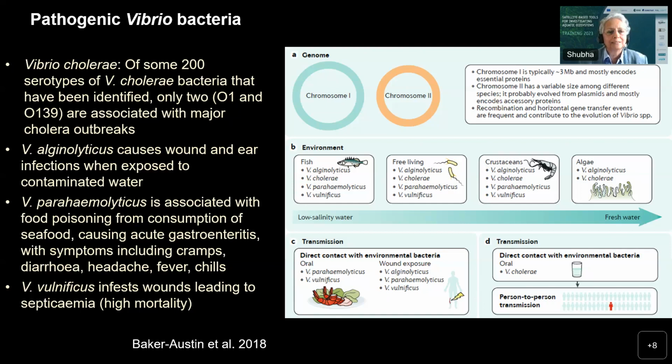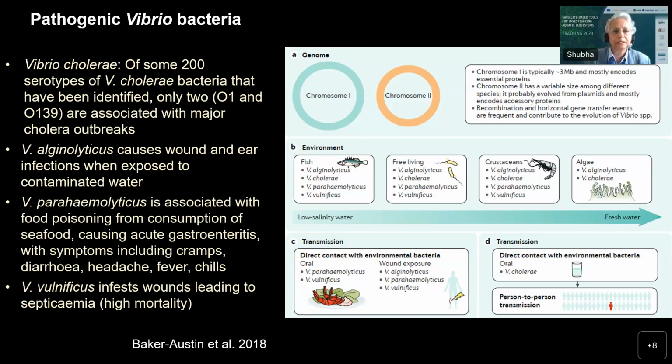Vibrio alginolyticus causes wound and ear infections if you are exposed to contaminated water. Cholera bacteria, on the other hand, can only cause a disease if you actually drink the infected water or food.